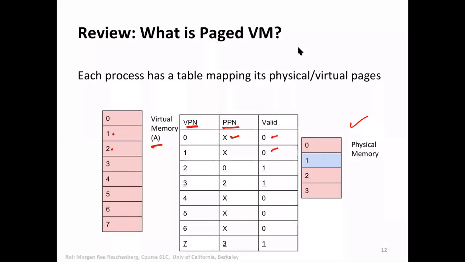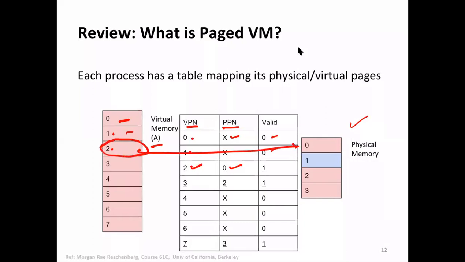We can see that page 0 and page 1 are not here. Page 2 is mapped to page 0, so the contents of this page are kept here.